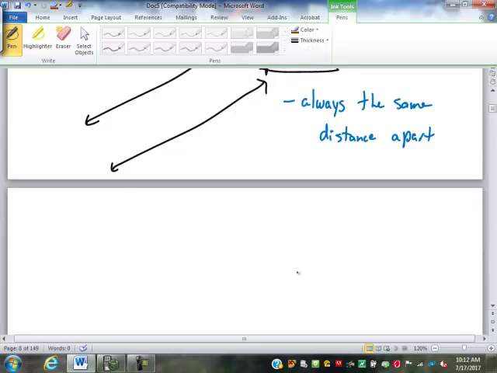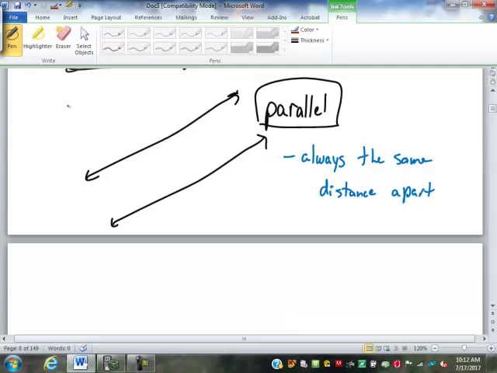A line that cuts across other lines is called a transversal. It does intersect, you are right. And a transversal can cut across lines that are not parallel. That's just way more interesting when they are parallel.